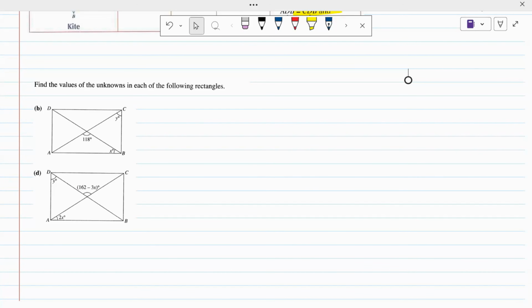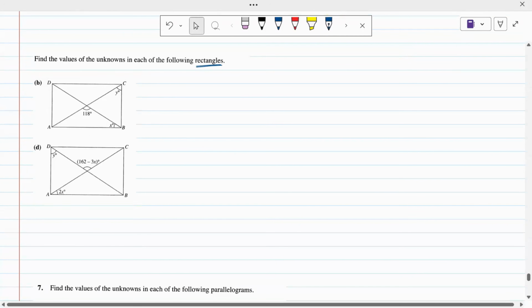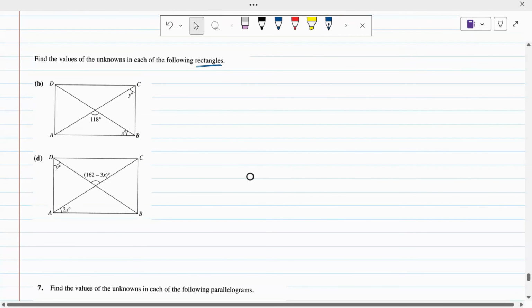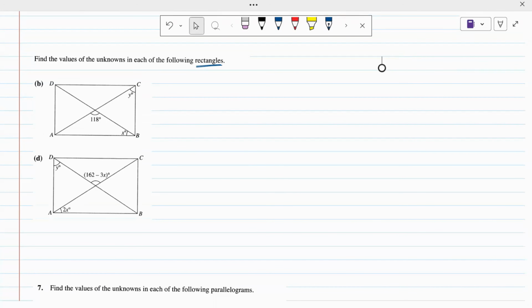In this first set of questions, we have been given rectangles, and for these given rectangles, we have to find the value of the unknown angles. Keeping all these properties about rectangles in mind, we will start solving. In rectangles, we always have isosceles triangles formed when the diagonals intersect.